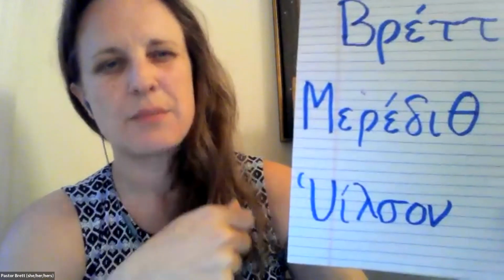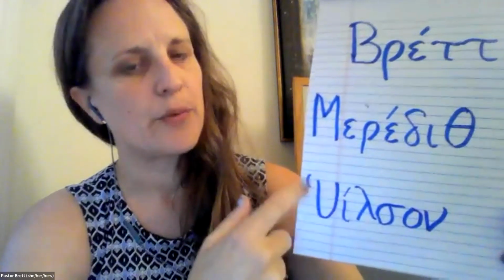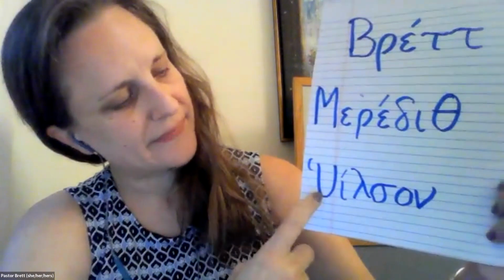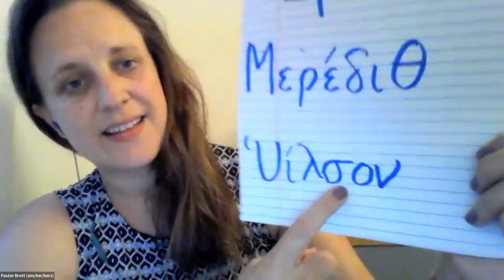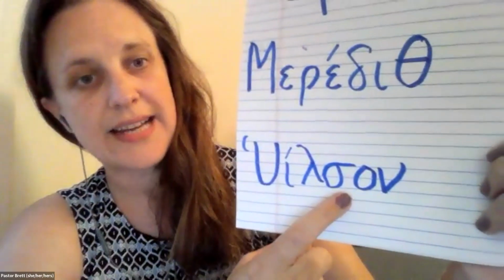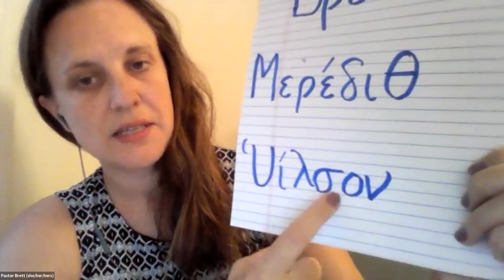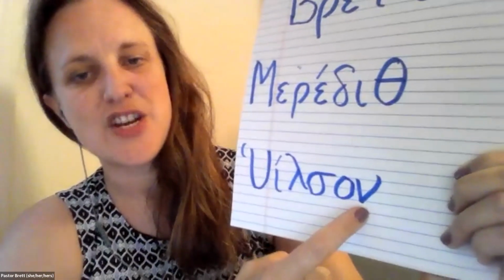Or if it's in the middle of a word, then you would do upsilon iota like this to make one sound like a will. So Wilson, upsilon, iota, lambda, that's a sigma that's in the middle of a word, looks like this. It's hard to do that backwards. And then omicron, and then nu, the N there.